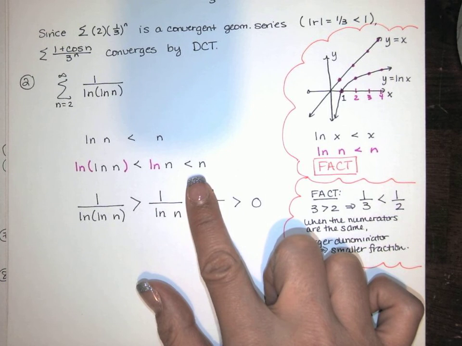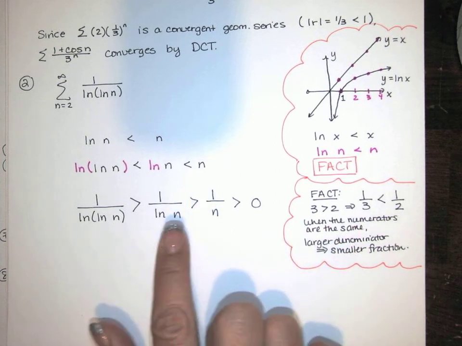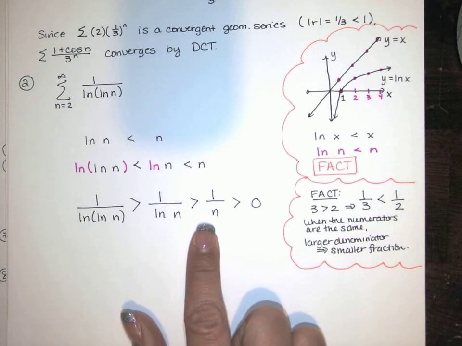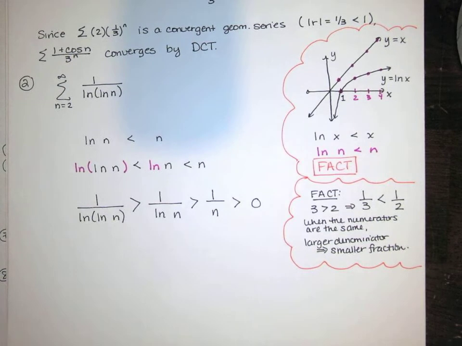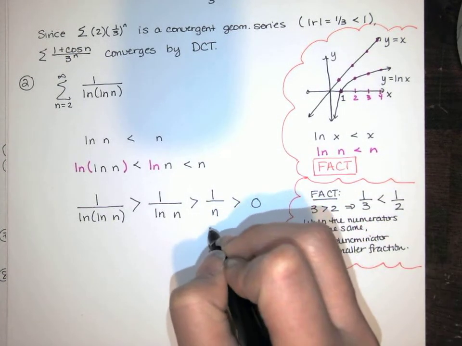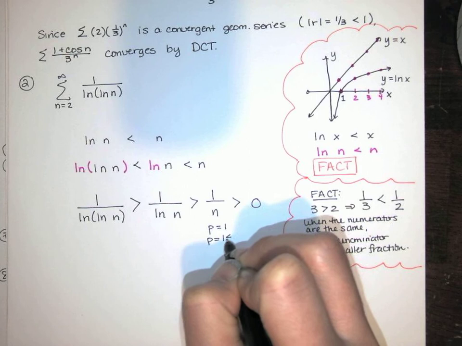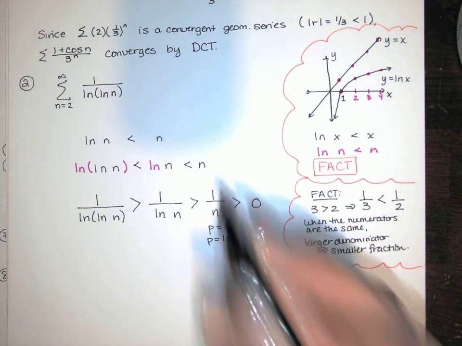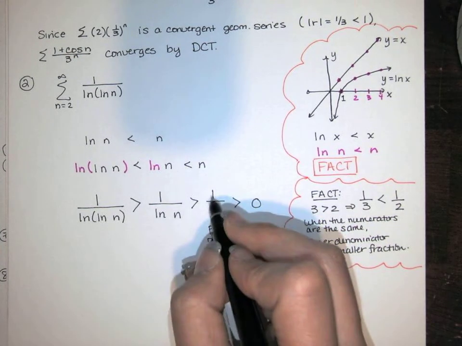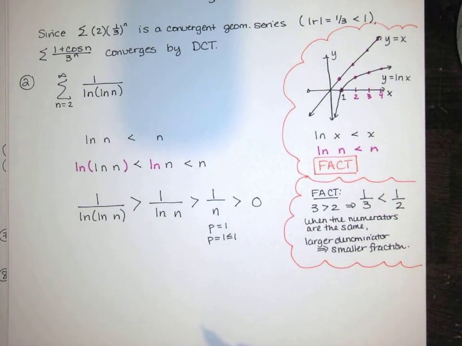So you need to compare it to the terms of something whose convergence or divergence you know. So we needed to go all the way out to 1/n, because those are the terms of a p-series with p equals 1. And of course, p equals 1 is less than or equal to 1. So those are the terms of our harmonic series, and that series diverges. So, does that tell us anything this time?